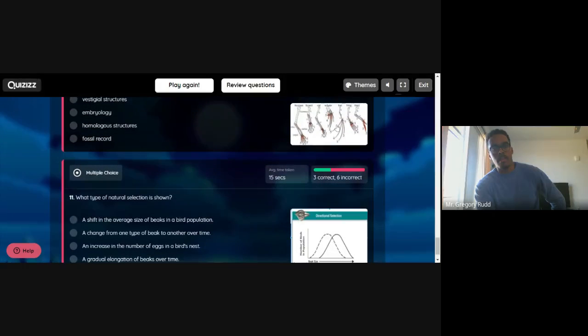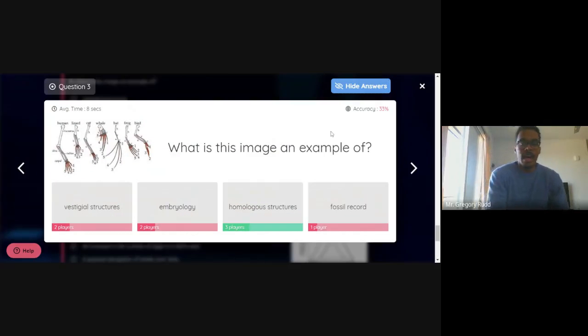I can understand that. So this question asks, what is this image an example of? I could see the potential answer also being a fossil record, but these two other answers, vestigial structures and embryology, don't make as much sense, and here's why.